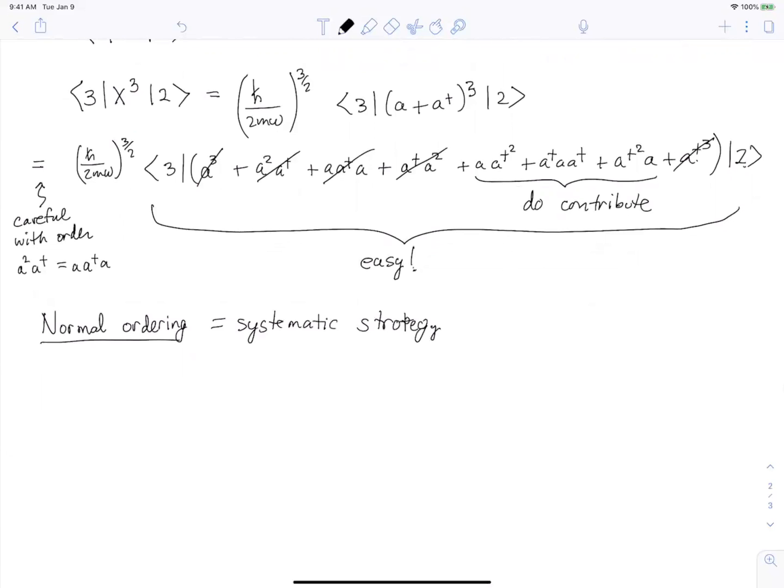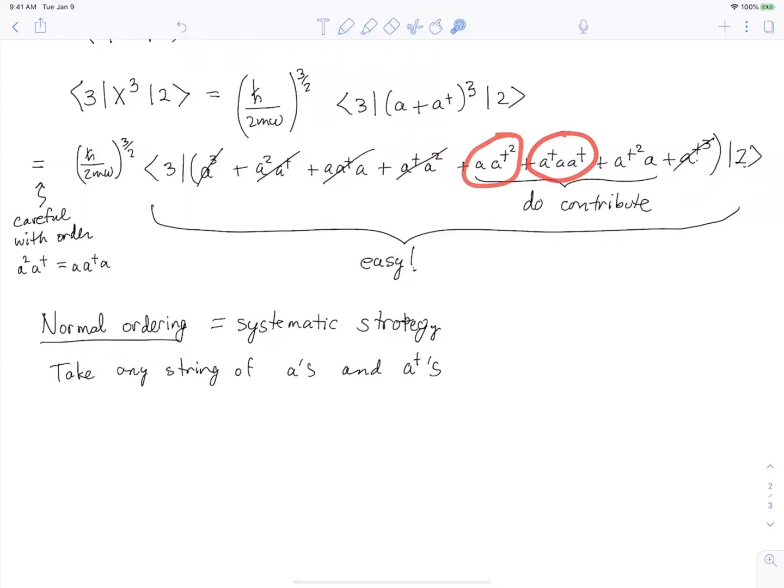Okay, and so the idea is you take any string of A's and A daggers, like the one above. Actually, when I say string, this would be a string of A's and A daggers. This would be a different one. This would be a different one.